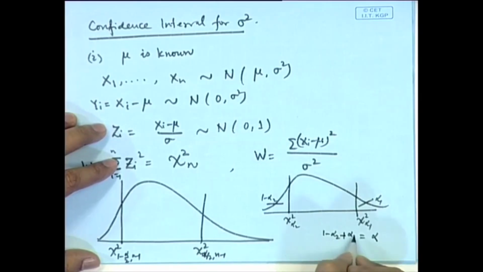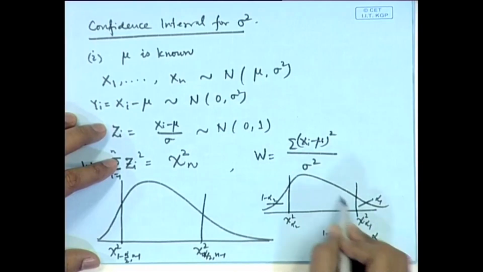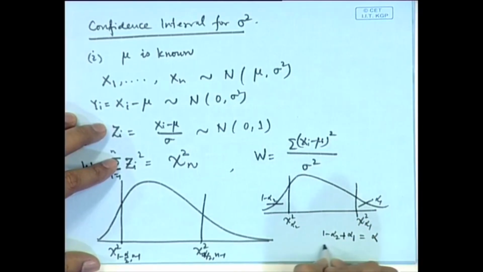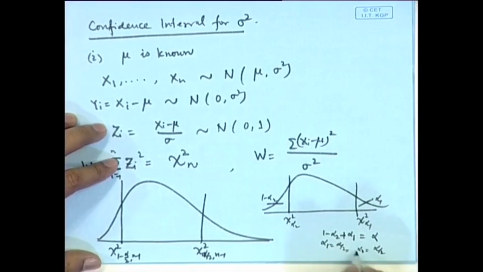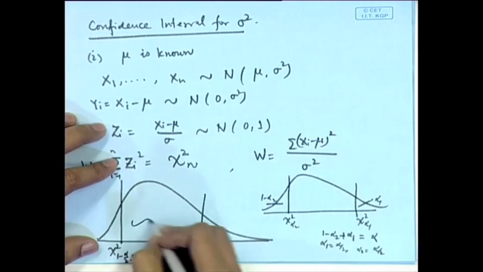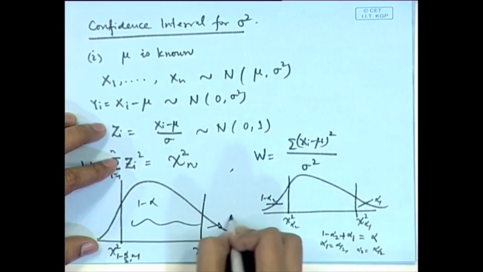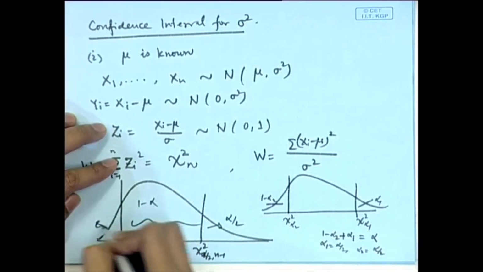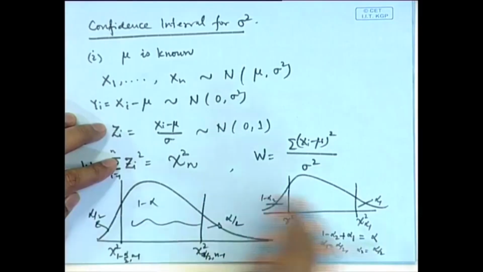But for convenience, because otherwise we may have several different values, one takes alpha 1 equal to alpha by 2 and alpha 2 also equal to alpha by 2. In that case, this value becomes easy. So this probability is 1 minus alpha, and these two probabilities are each alpha by 2.